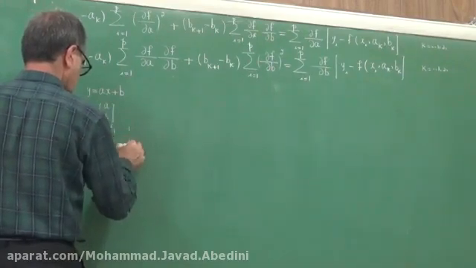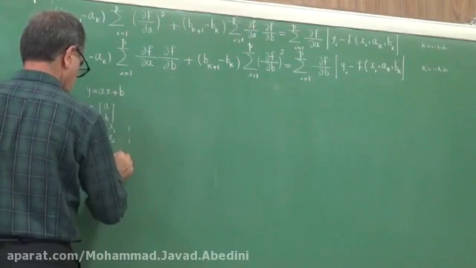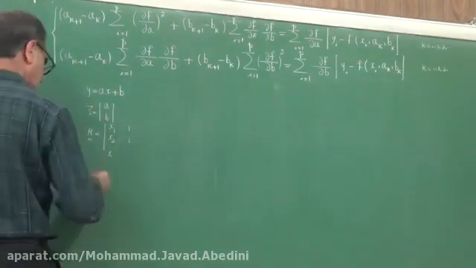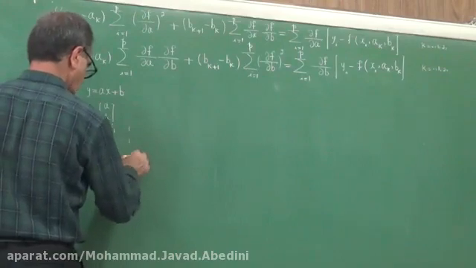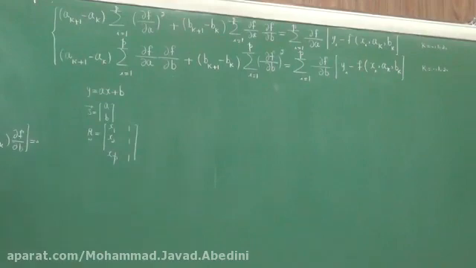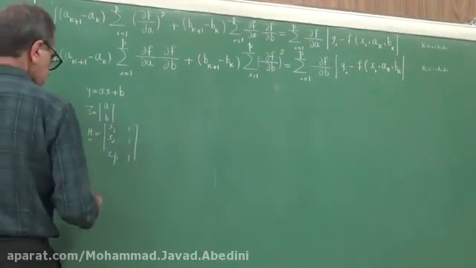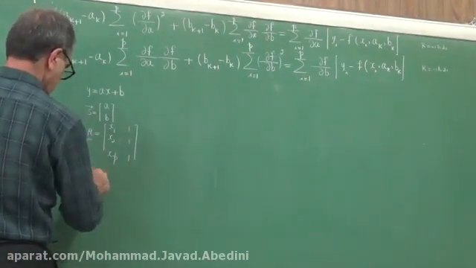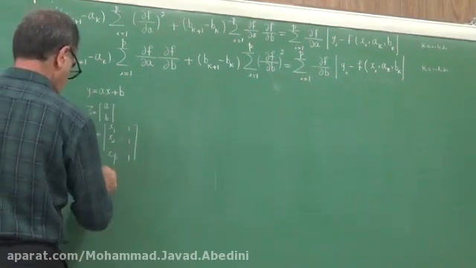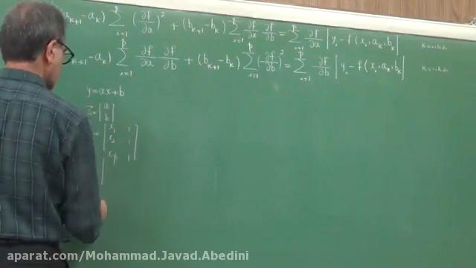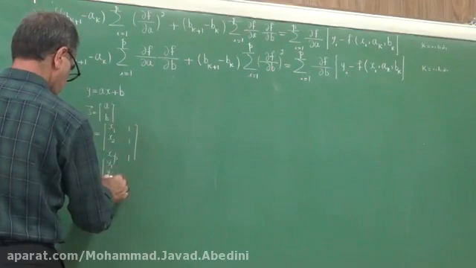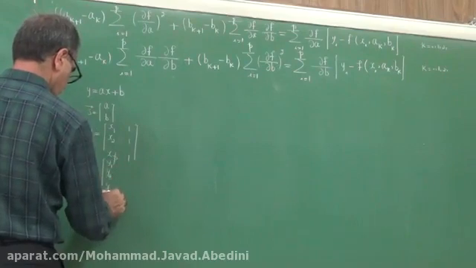x2 1, up to xp 1, and then we denote y to be the vector y1, y2, up to yp.